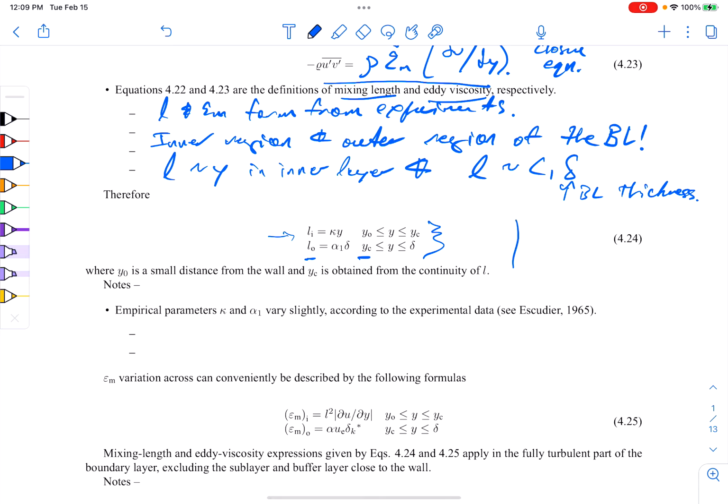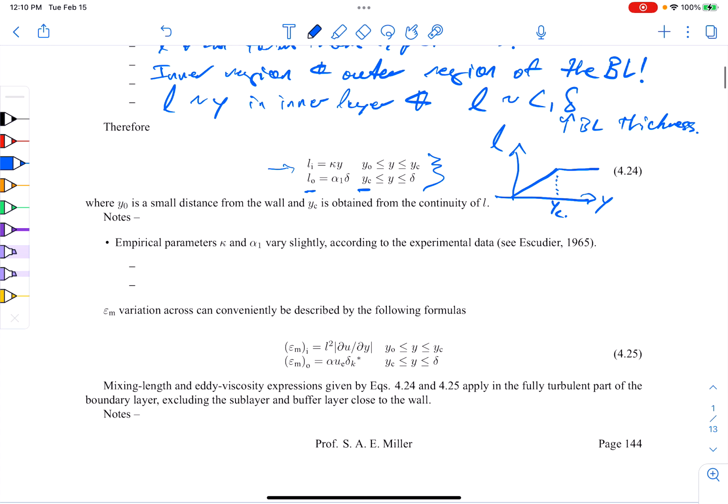So if you draw this, there's the length scale, there's distance from the wall, and so maybe it comes up like this and levels off. And this is some intermediate distance yc. We've seen this model before, and it's kind of crude. It's not continuous, and certainly for boundary layer flows, we shouldn't expect any shocks in them, especially if they're subsonic.